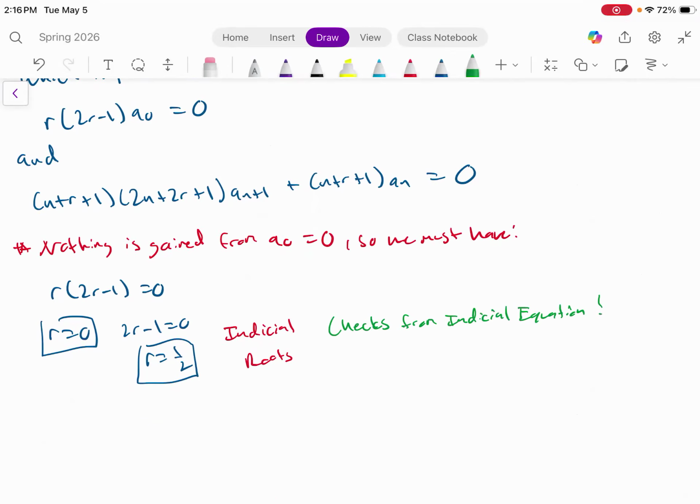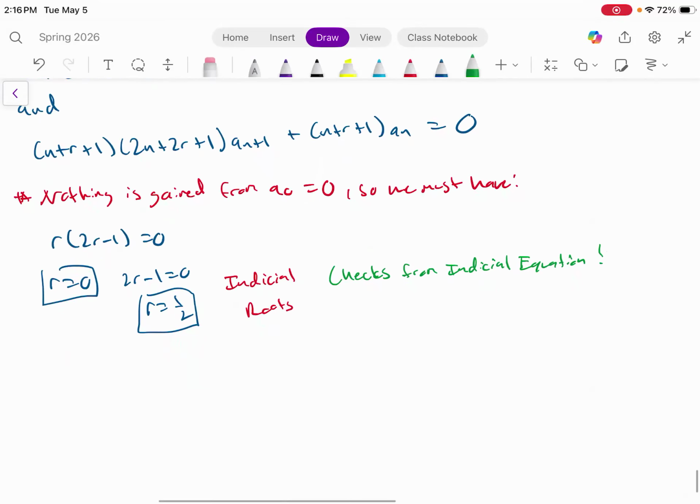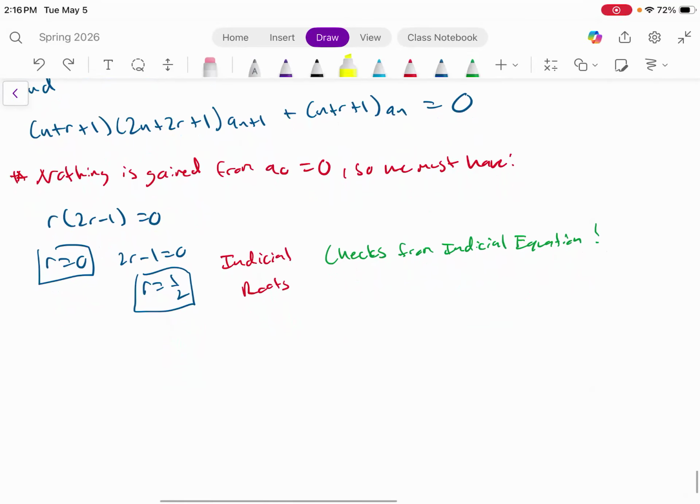So we got our roots. We know what our two solutions would look like, what those roots would be. And now it's time for the recurrence relation. So we're going to use this very long term here and set up a recurrence relation. Remember, we always want to solve for the higher an, so we're going to solve for an plus 1. I'm just going to move everything over to the right-hand side.